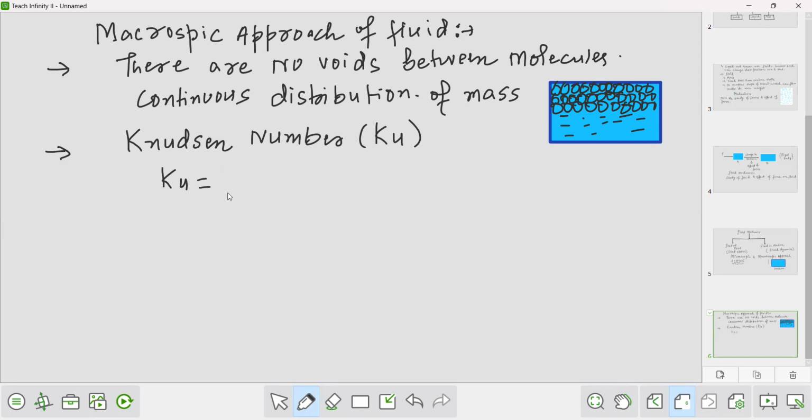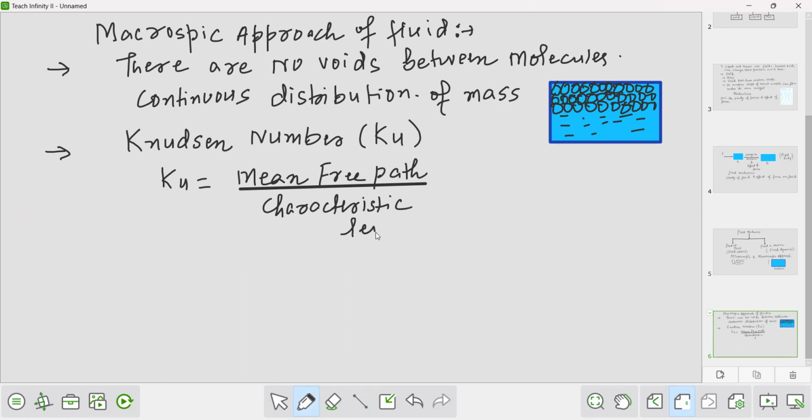Kn is equal to the ratio of mean free path divided by characteristic length. Mean free path is denoted by lambda and characteristic length is denoted by L.